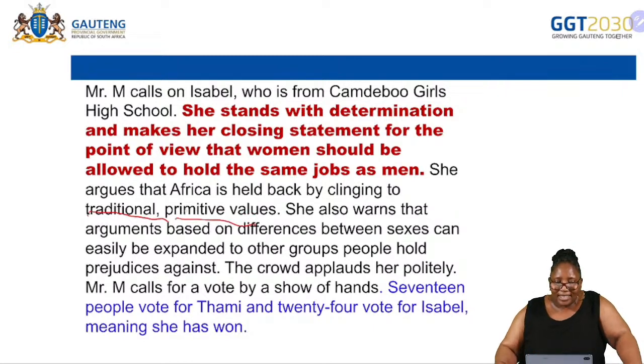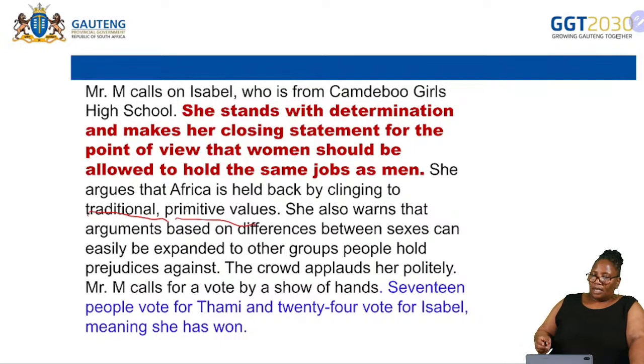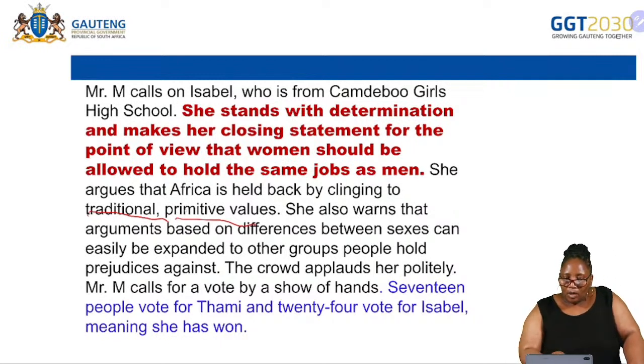She also warns that arguments based on the difference between the sexes can easily be expanded to other groups of people that hold prejudice against. The crowd applauds her politely.